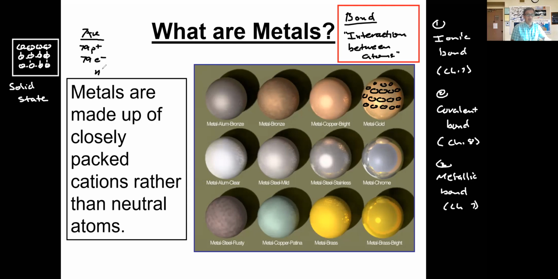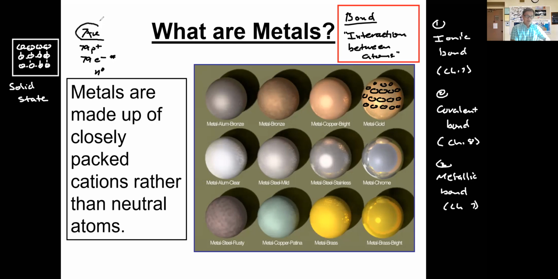We won't refer to the neutrons right now, because they help identify the isotope for us, but not necessarily the bonding. The bonding occurs here with the electrons. We know this gold is a neutral atom.